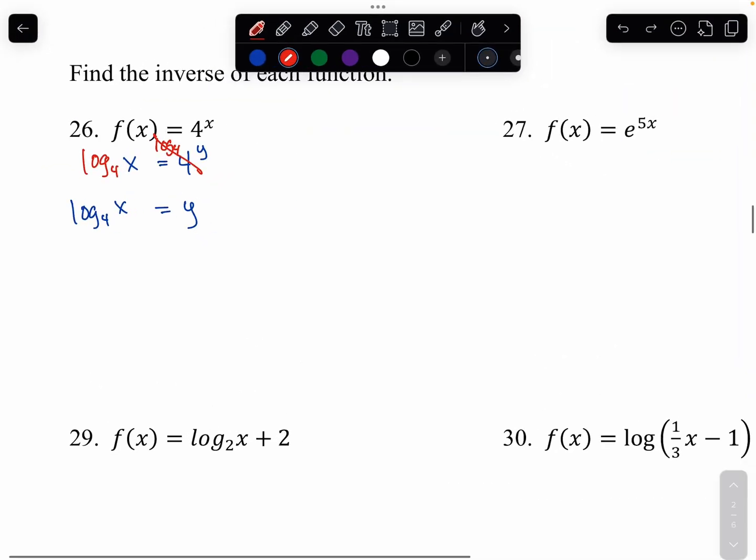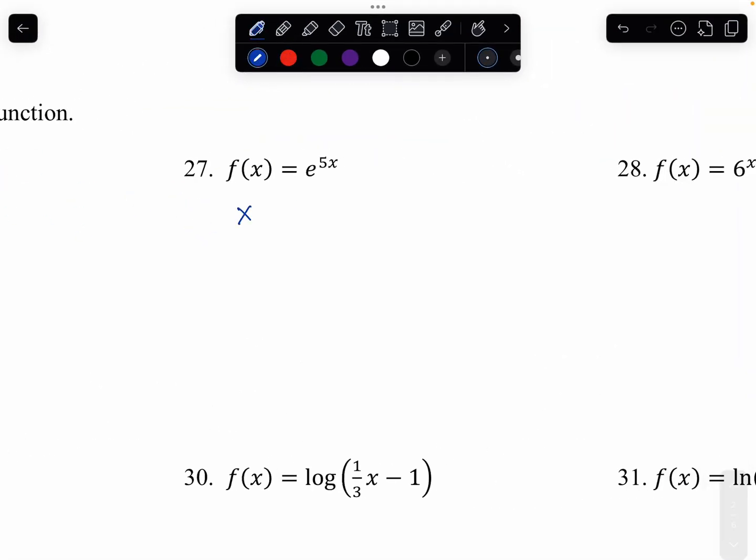Okay, and then for this one right here, x is equal to e to the 5y. So I can't divide by 5 yet, but I can use a natural log, because that's going to cancel. So I'll get the natural log of x is equal to 5y, and divide by 5, divide by 5.